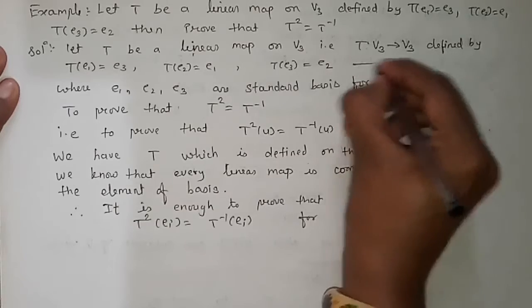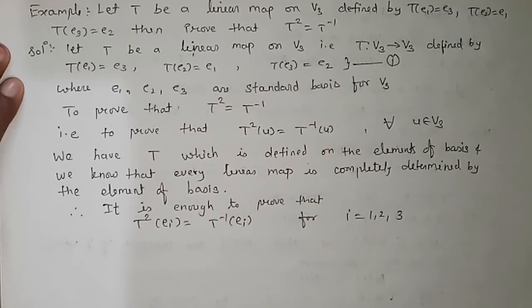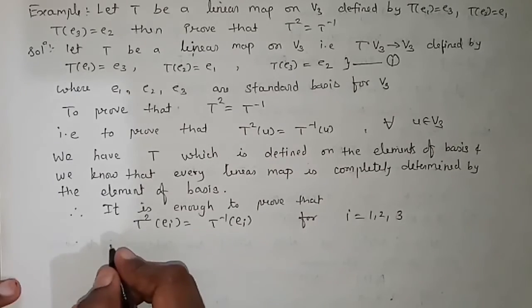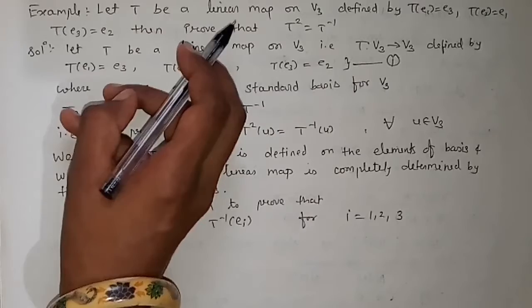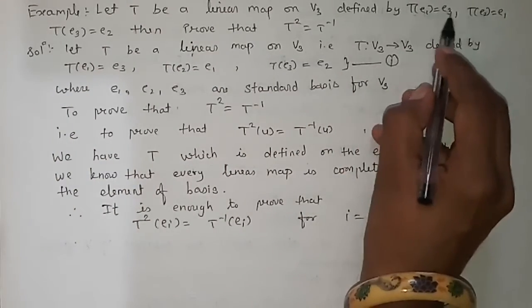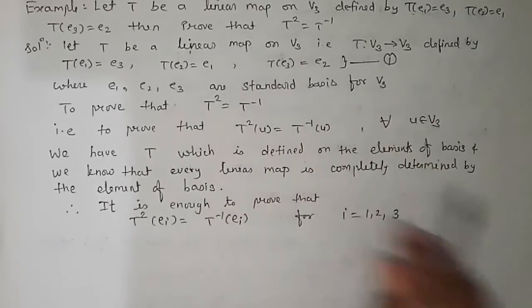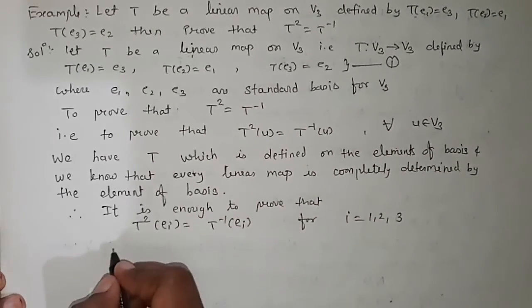Now suppose I am giving this as equation number 1. Then see, T is a linear map on V3 and you can see that T of E1 is equal to E3, T of E2 is equal to E1 and T of E3 is equal to E2. So we can find inverse map also.